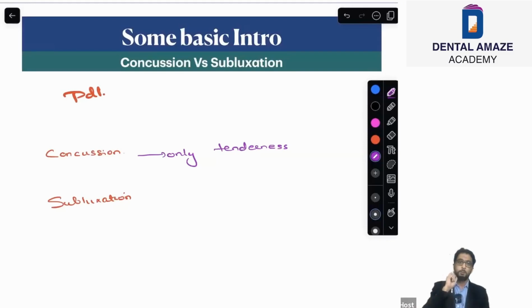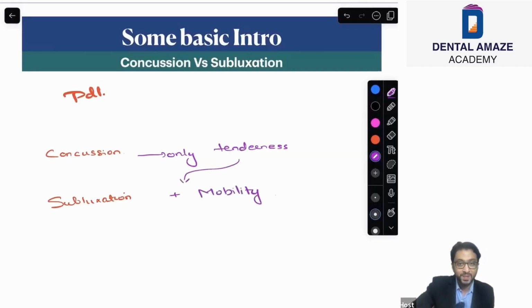I'll show you the image, but you can't differentiate by simply looking at it. In subluxation there is tenderness plus mobility. The tooth is mobile. This is a major difference.